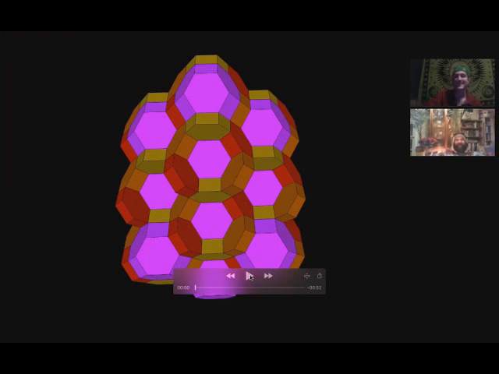Keep going. This one has not been discovered, except by me. I'm the first to discover it that I know of. I did a whole lot of research. And even this solid, the yellow, red, or orange solids in there, is a really weird hexagonal prism made out of regular polygons.